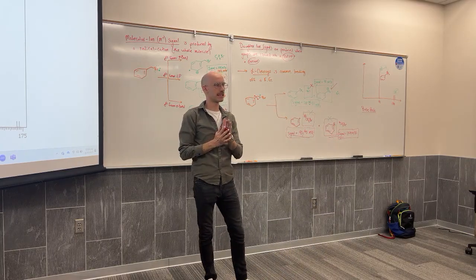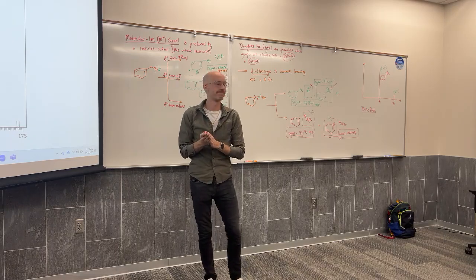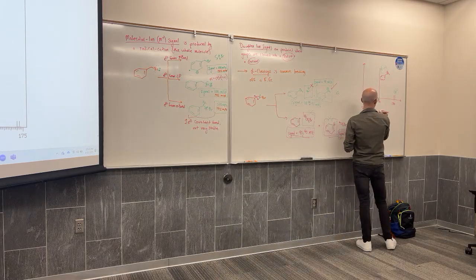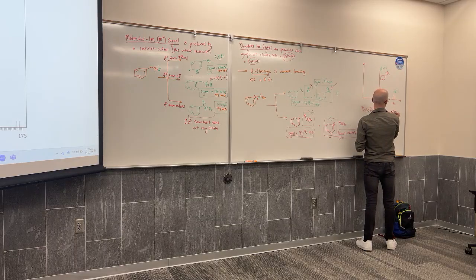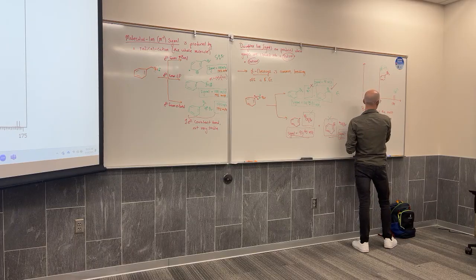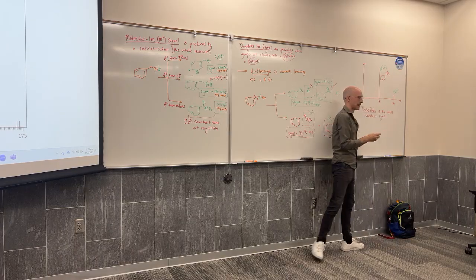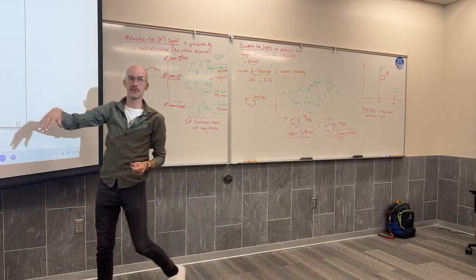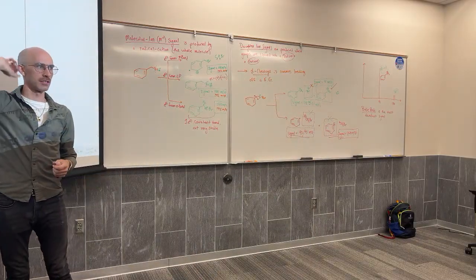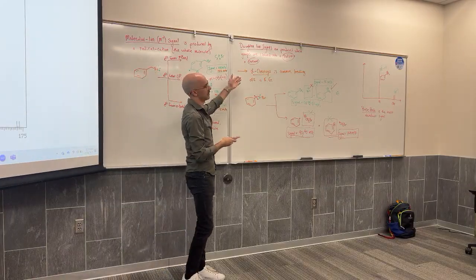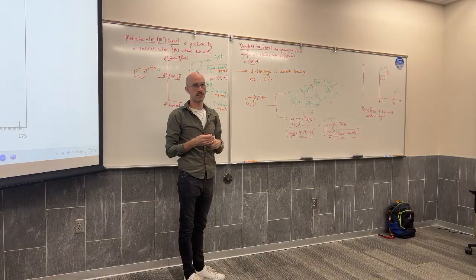I don't necessarily like that name in general, but this is the most abundant signal. It has the largest relative intensity. It's the fragment that forms the most. Sometimes this is the molecular ion. Oftentimes it's a daughter ion that forms the base peak.